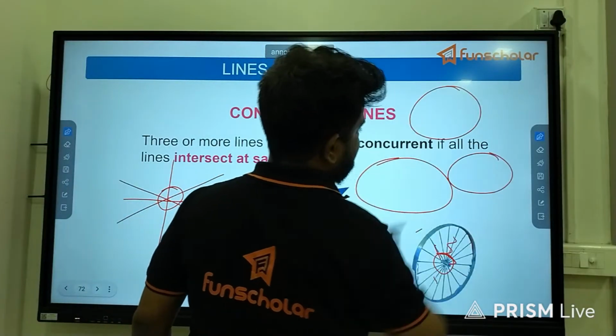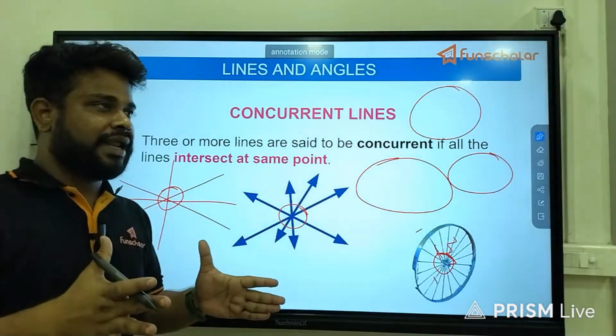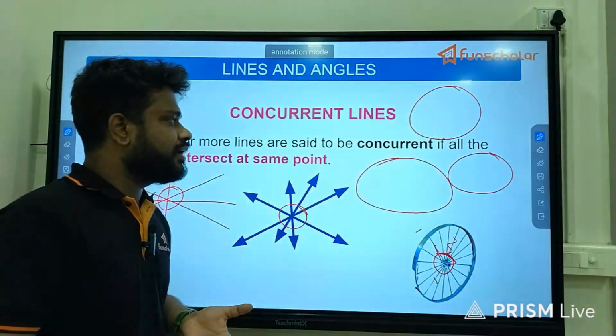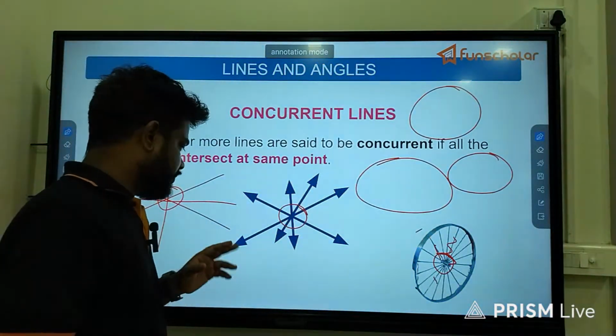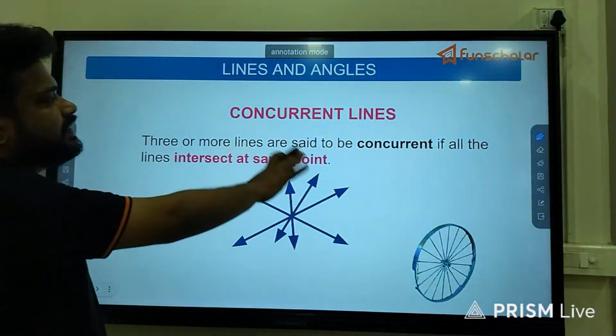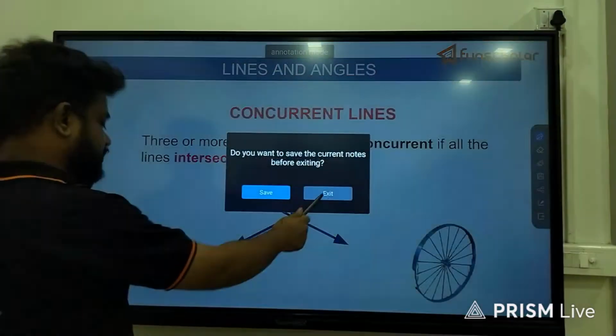Otherwise the cycle will be wobbly and may cause problems. So that's why we use spokes in the cycle. Okay, so these are the concurrent lines examples, and let's go next.